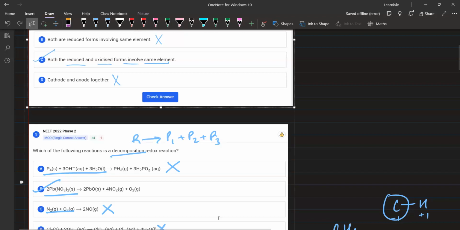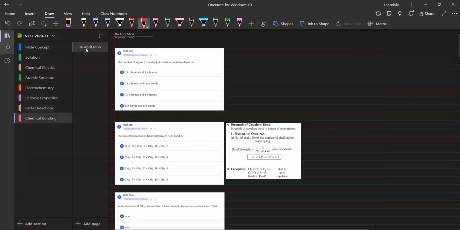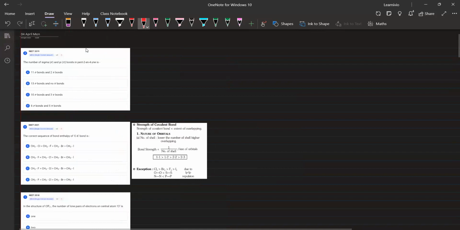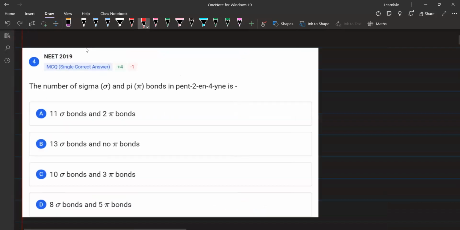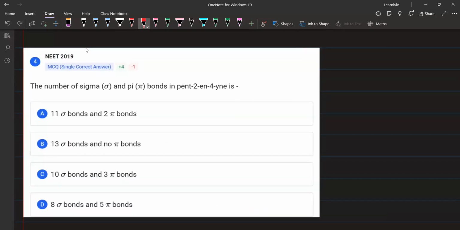Just give me a second. You draw the structure and count the pi bonds and sigma bonds.